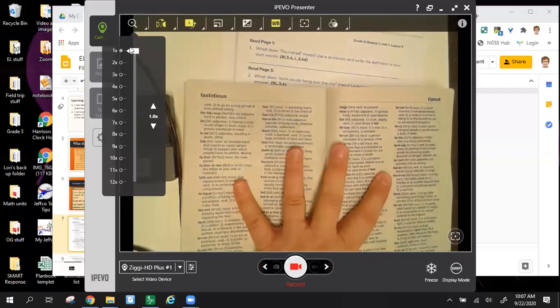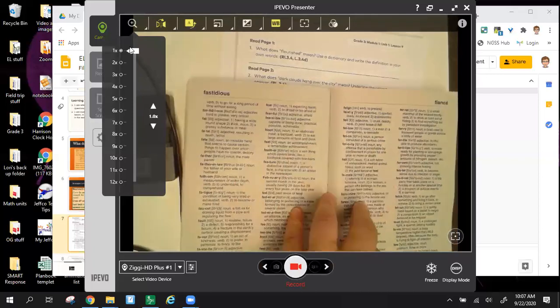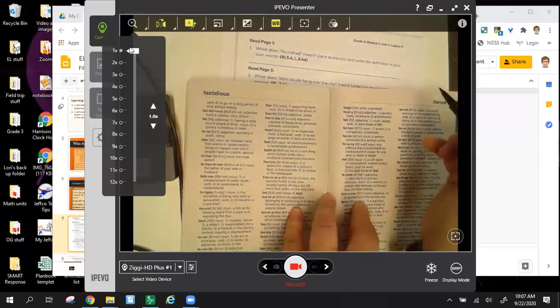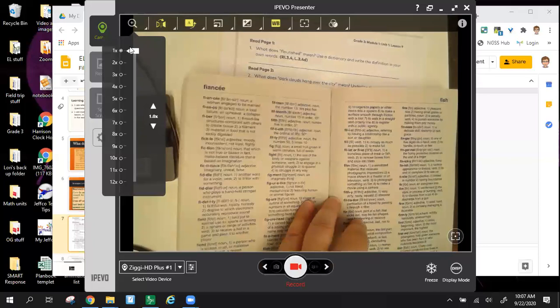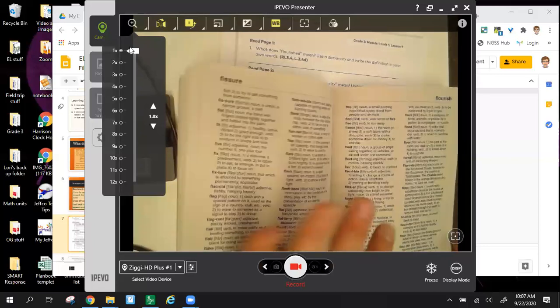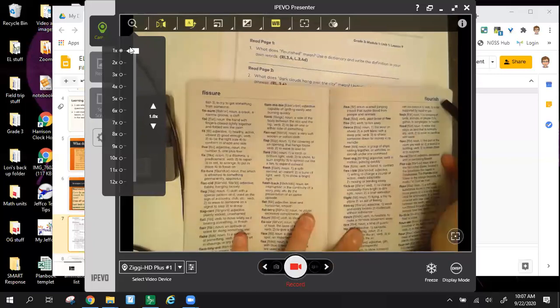F-A and F-I. Is F-L going to be between those 2 words? No, because I is before L, right? So I've got a lot of F-I's. Okay, so F-I. Look at that one. Look at that guide word.